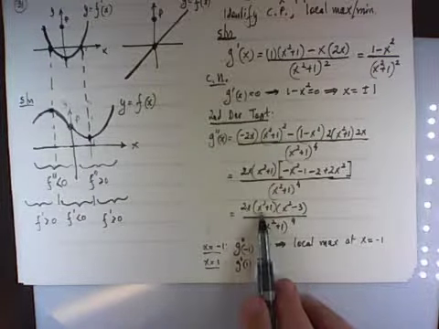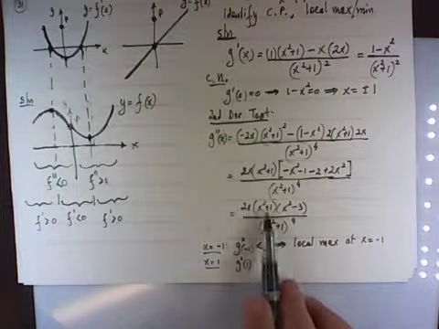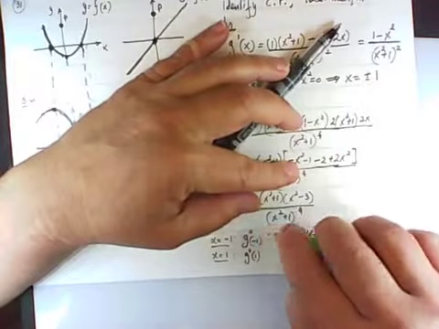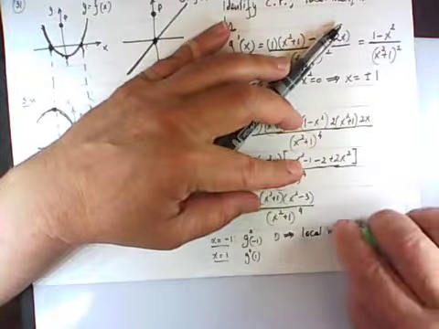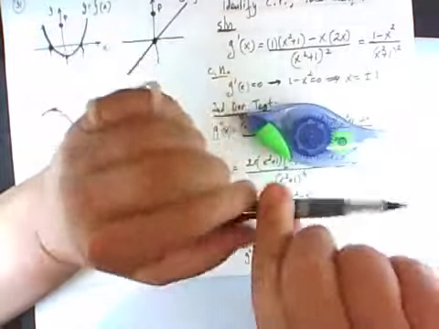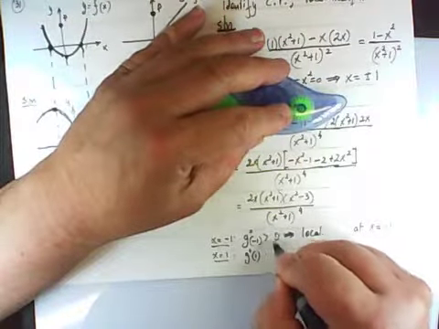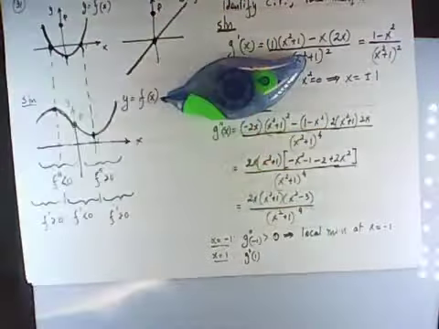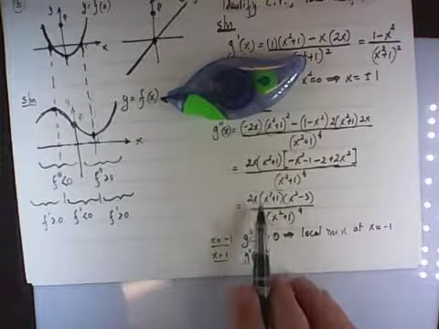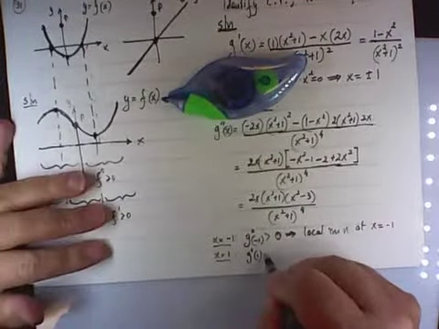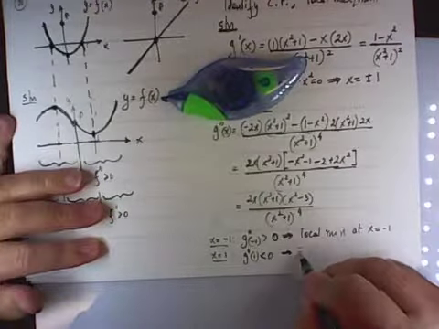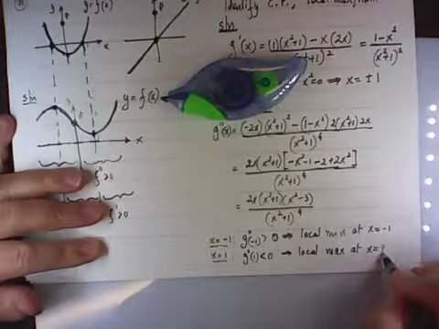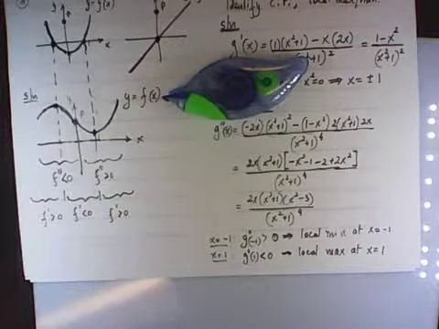For -1, this will be negative, positive, negative. Switch it. My bad. So it's positive here, so it's a local minimum. When x equals 1, positive, positive, negative. So it's negative. So we have a local maximum at x equals 1.